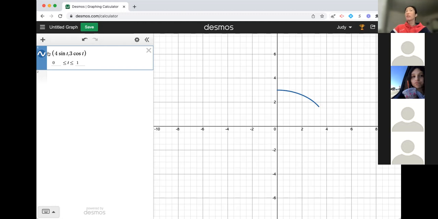Okay, usually a good guess, if I want to go all the way around an object like that, 0 to 2 pi gives it to us.